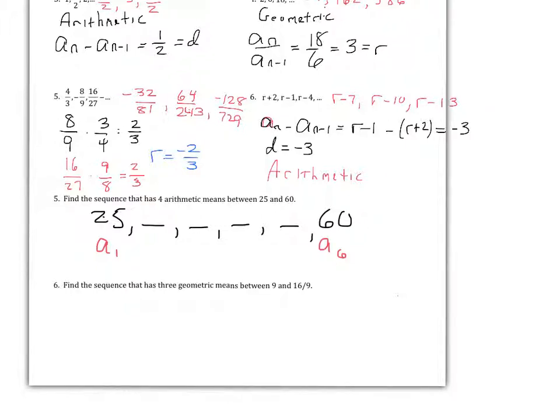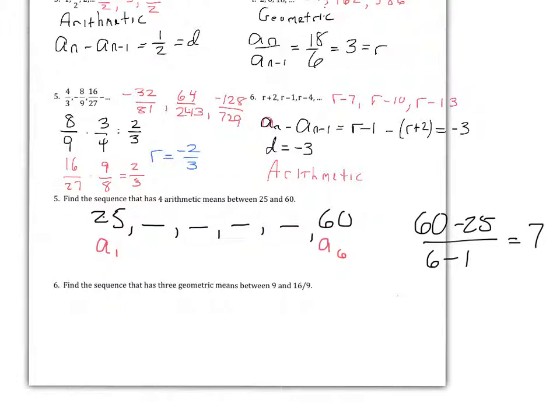So to figure out the common difference, we take 60, subtract 25, and divide by how many jumps there are, which in this case would be 6 minus 1. So that's 35 over 5, or 7. So that's your common difference.